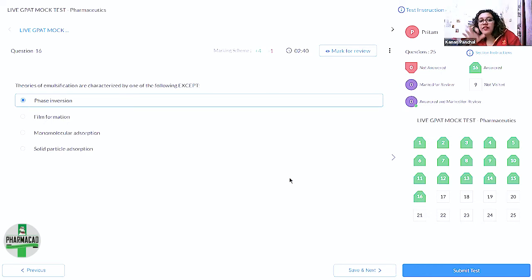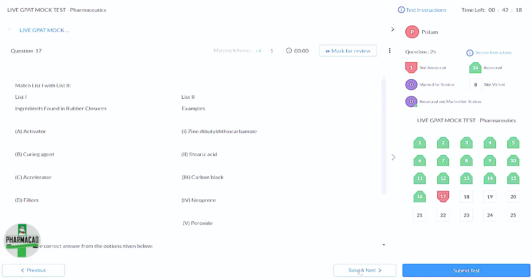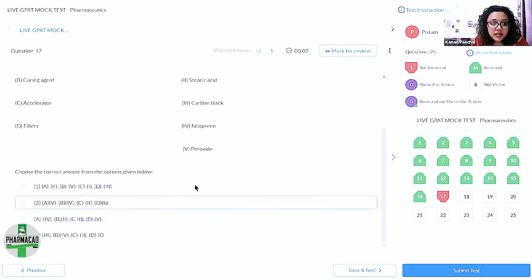So based on this, you have three theories for emulsification. Understood? Phase inversion becomes a technique. All right. Any doubts here? No doubts, ma'am. Okay, even this is done, right?